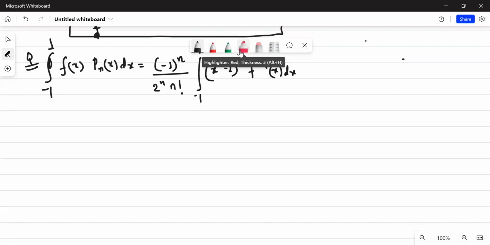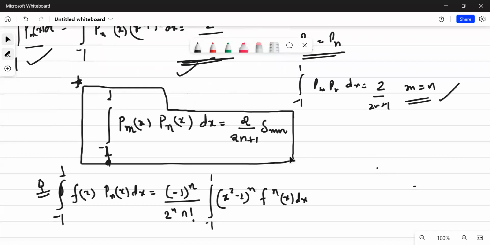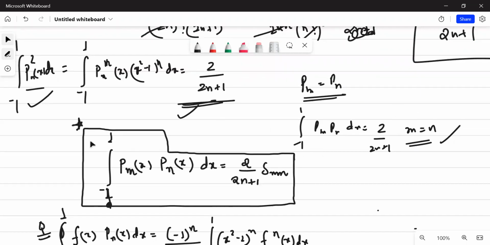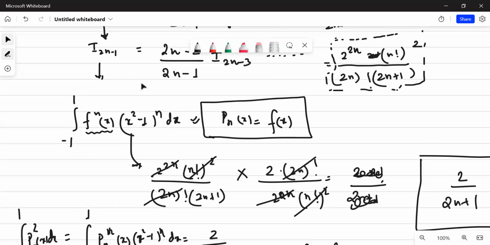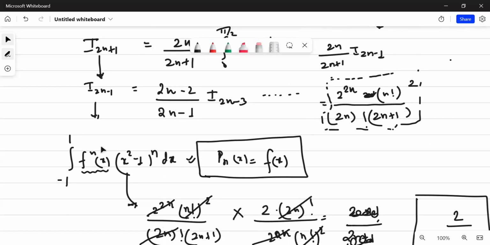A few properties that one needs to remember, and also we'll see a few more questions as they are asked in the examination. So how to go about this? This is something that I've already derived. If you're not following, basically what was happening was that where we had f(x), you replaced it with Pn.